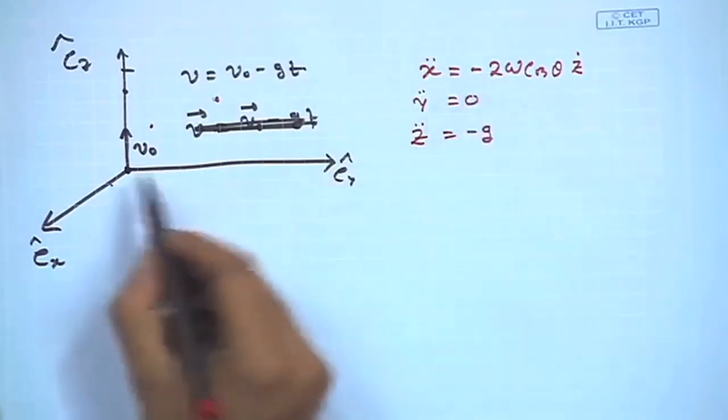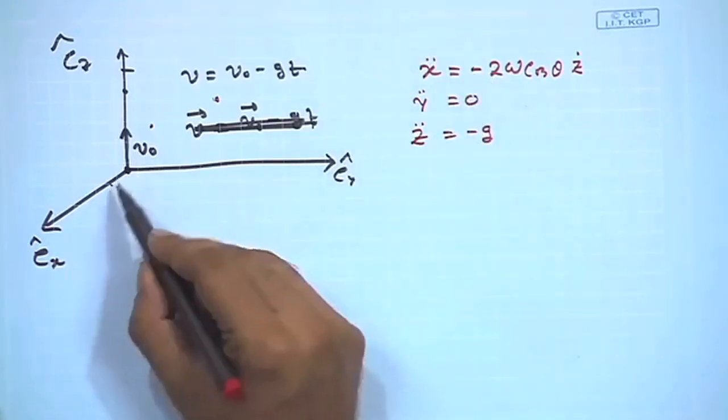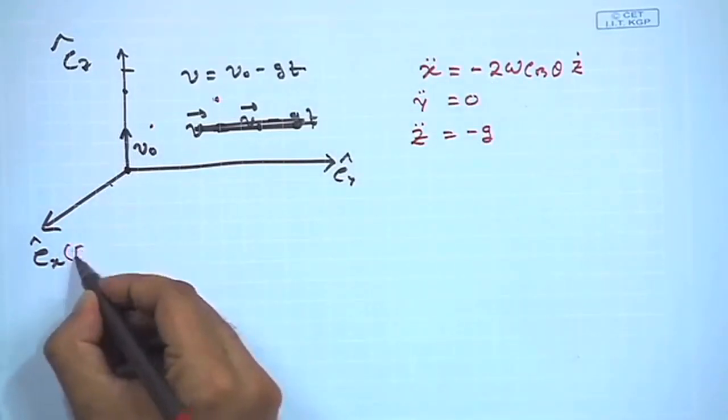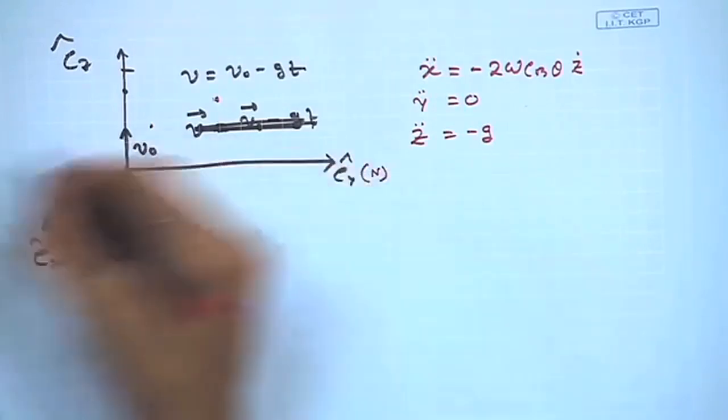Because the motion is in the upward direction, there is a negative sign. So, the force is not towards east, but towards west.